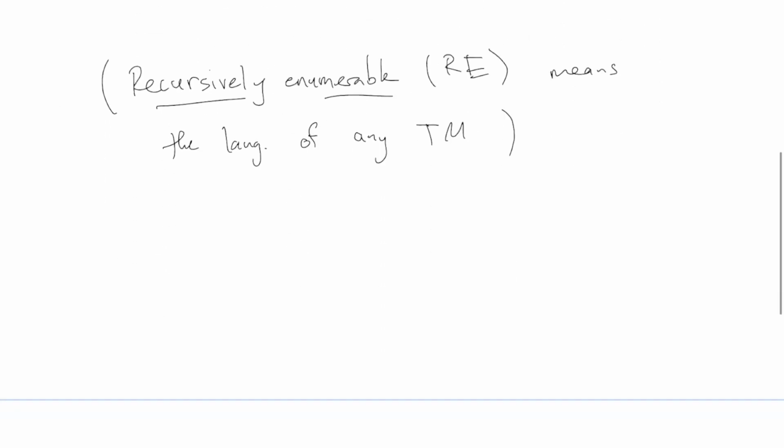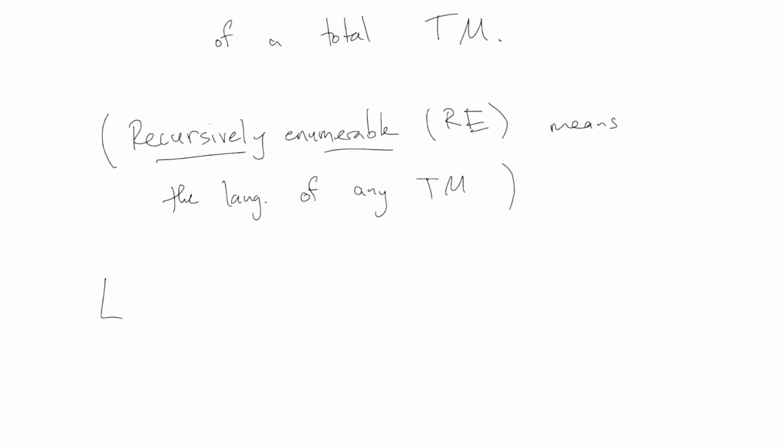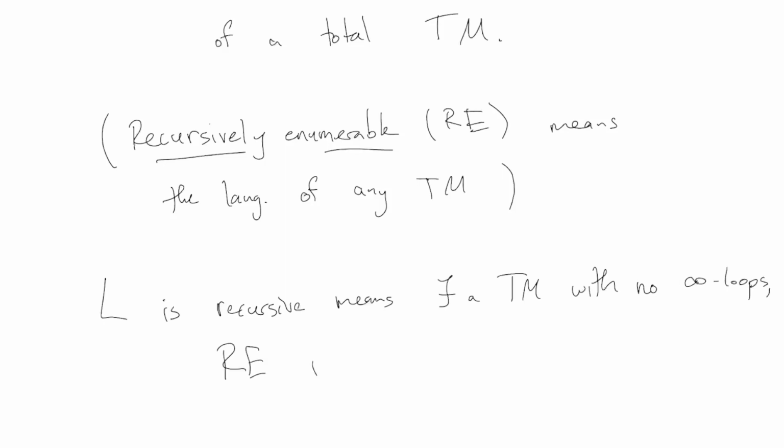So maybe I'll just say that again. L is recursive means there exists a Turing machine with no infinite loops. RE means there exists a Turing machine. That's it.